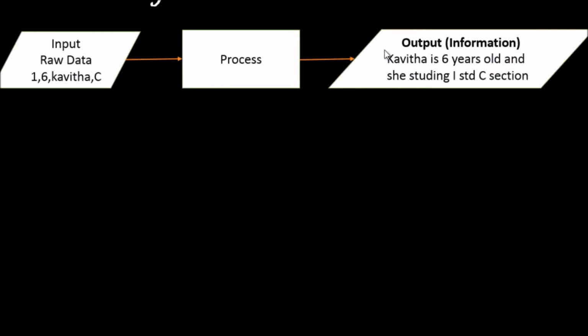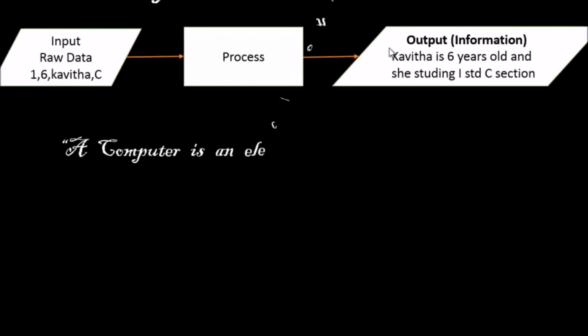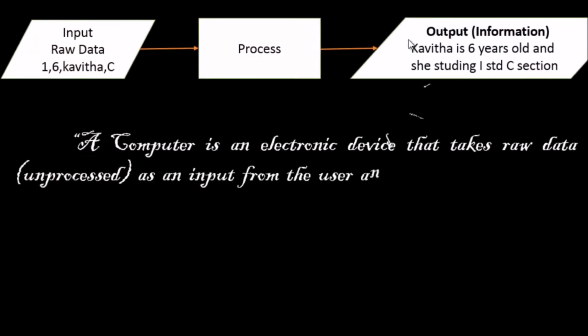Okay, so from this we can derive what is a computer. A computer is an electronic device that takes raw data, unprocessed data, as an input.